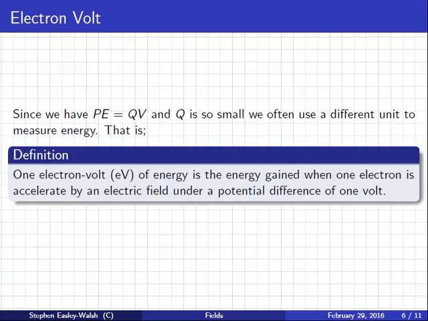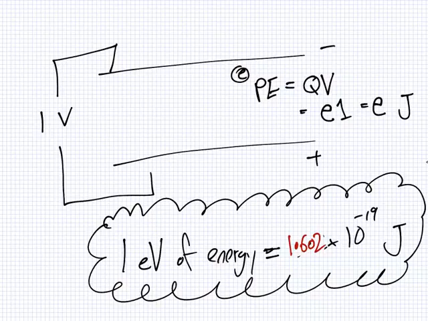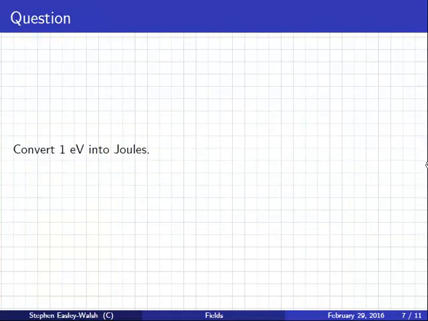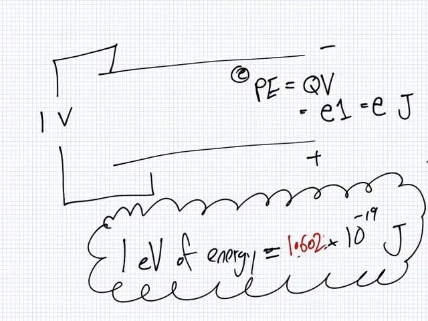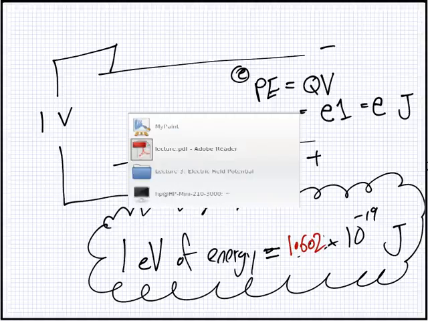Got that? And have you got the number value? So we've already done this. What's 1 electron volt in joules? This many joules. So there's nothing to do there.